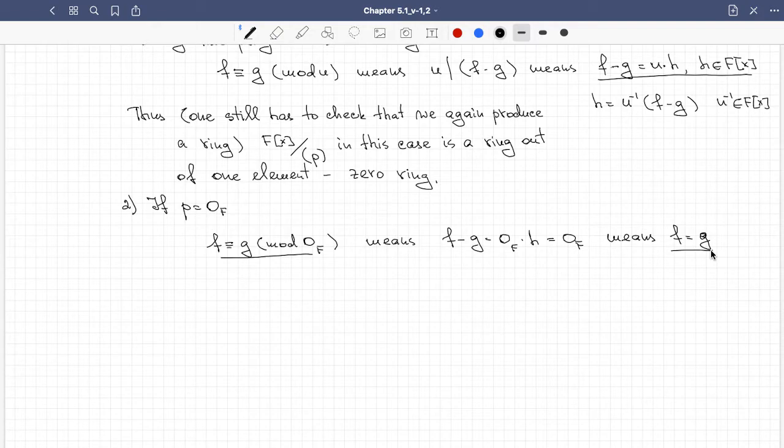Meaning, we have as many congruence classes, equivalence classes, as elements in F of x. So this equivalence relation means that two elements are equivalent if and only if they are equal.